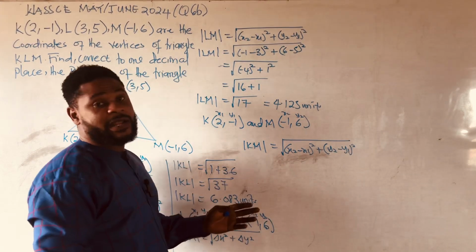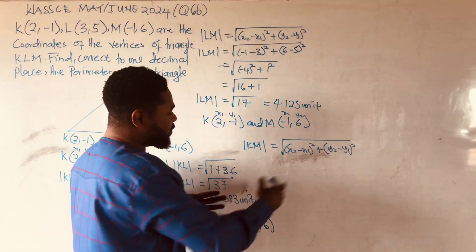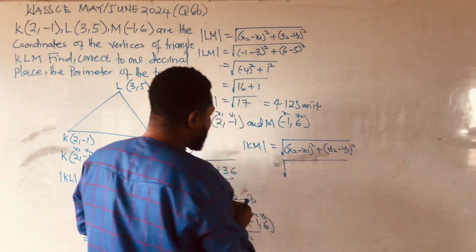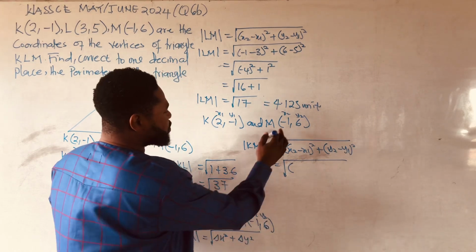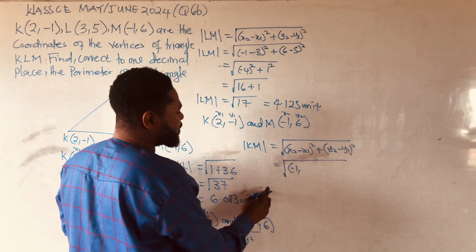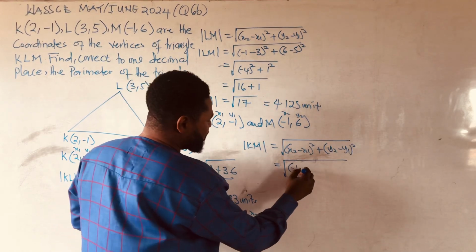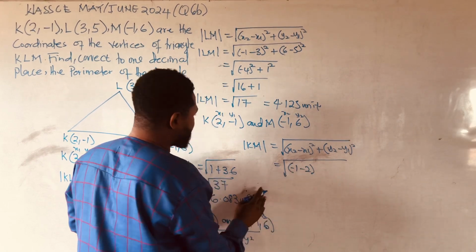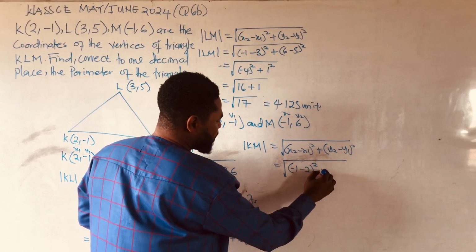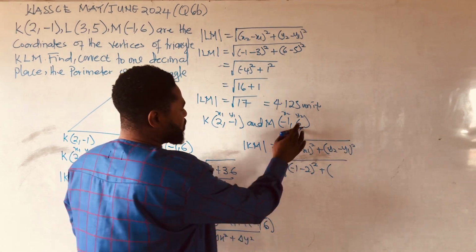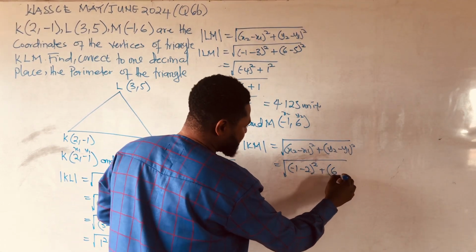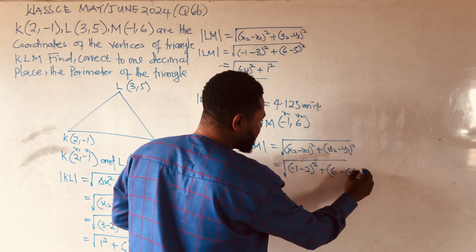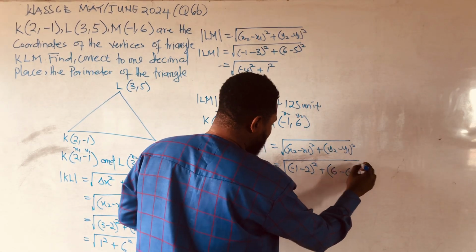So this is the formula that we can use to find the magnitude, or the length or distance, of a line. At this level, our x2 is -1, our x1 is 2, so -1 minus 2 all squared, plus y2, that is 6, minus y1, which is -1, all squared.